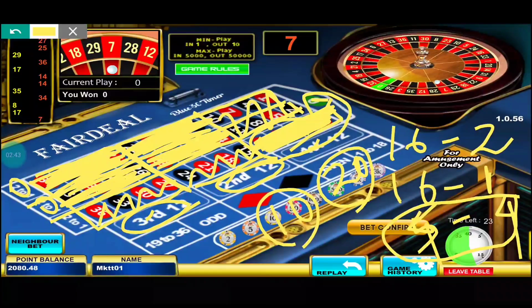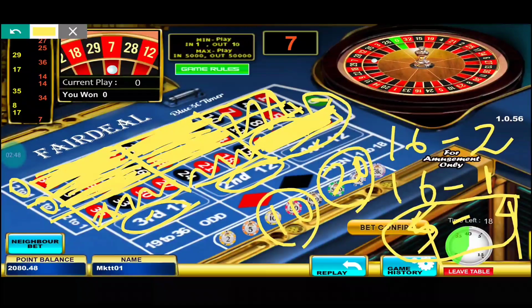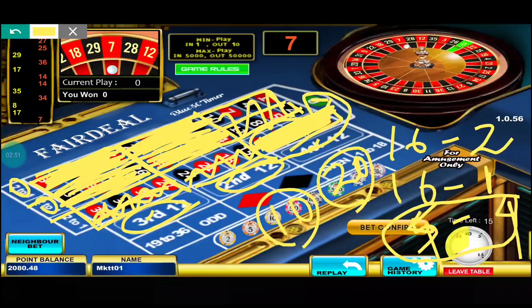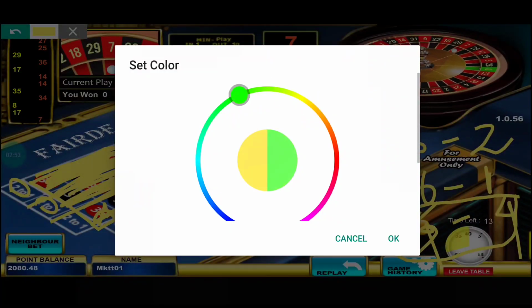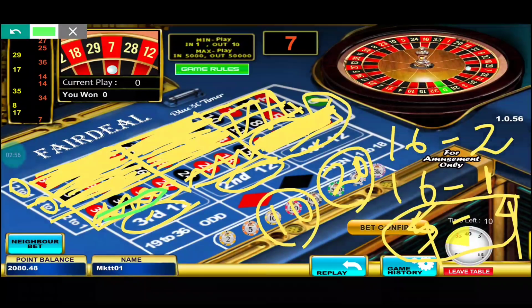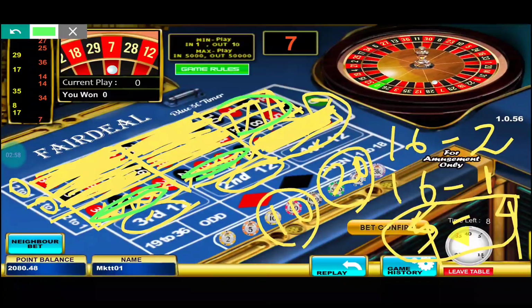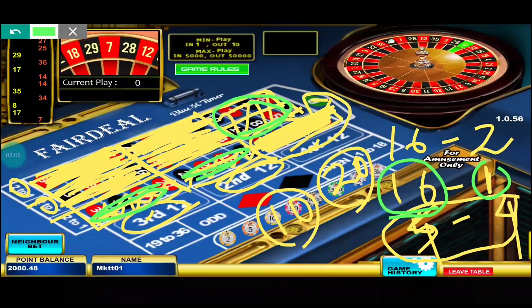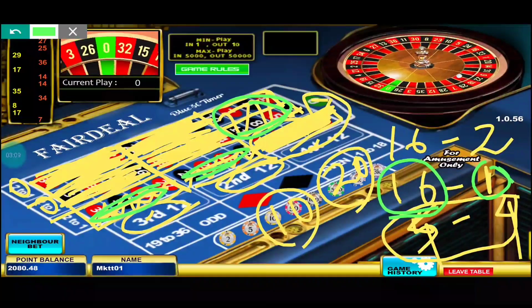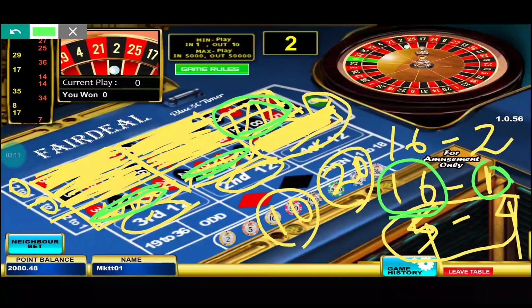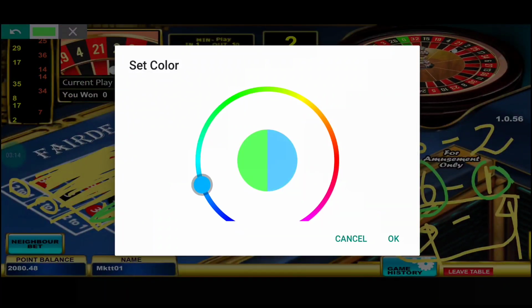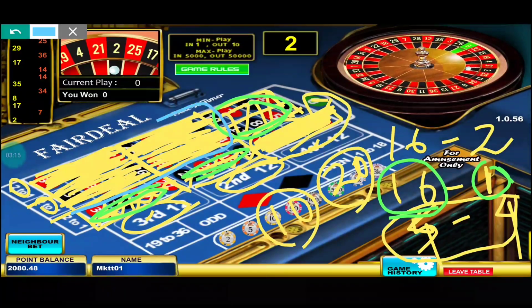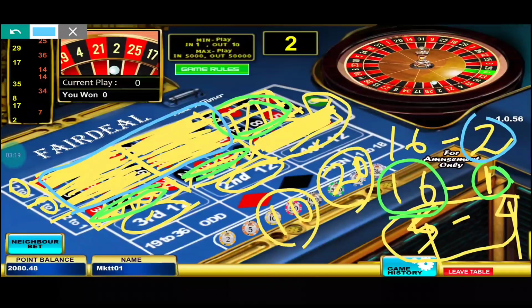And what about a number which loses only 1 unit, like this section of the table? If I hit a number from this section of the table, then I will lose 1 unit, but it's okay because 16 times I am going to lose 1 unit, but at the same time for these 16 numbers I am going to win 2 units.